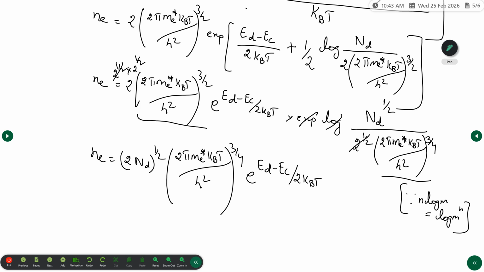So it is some value, mentioned as delta E. Let me write that: delta E is equal to EC minus ED, that is the ionization energy.